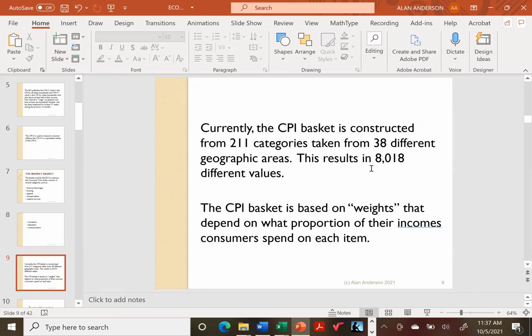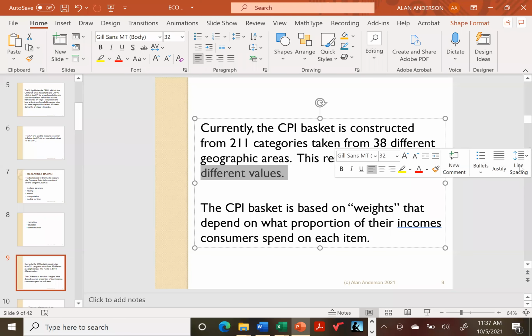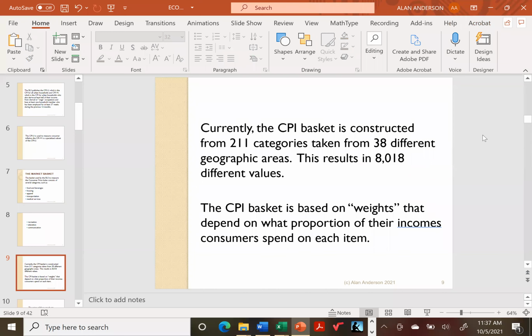Now look at this. Look at how much work this is going to be. 211 categories from 38 different geographical regions. Altogether, they have to go out and record 8,018 different values. And they have to do this every month too. That's going to take a lot of time, as you can imagine.